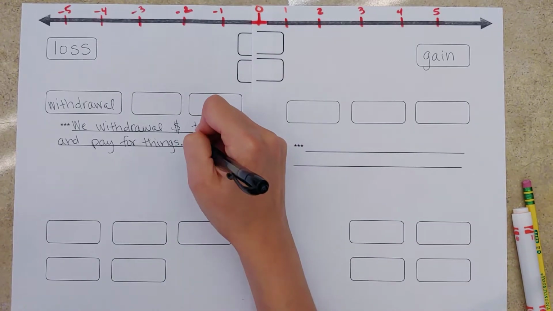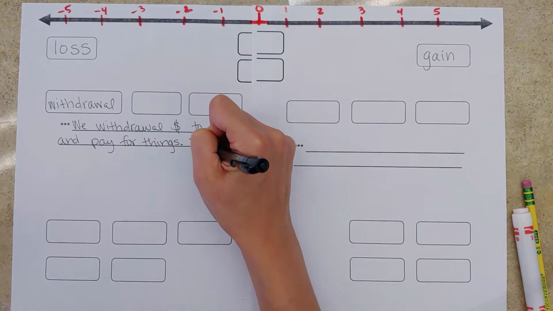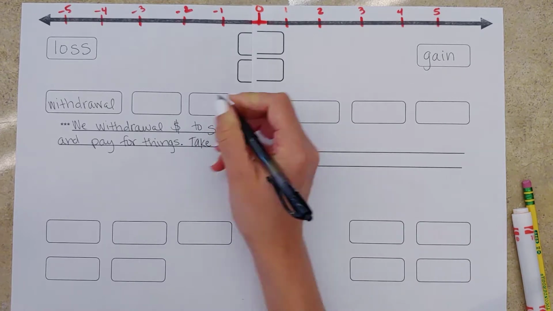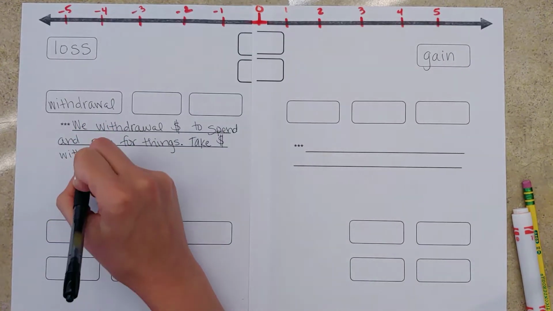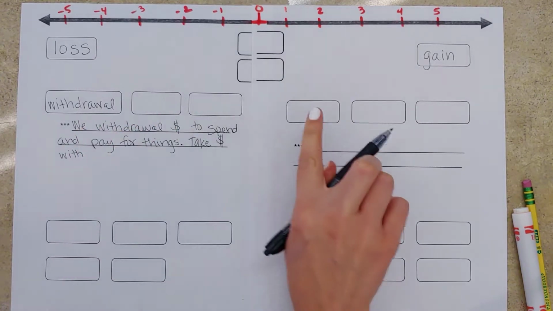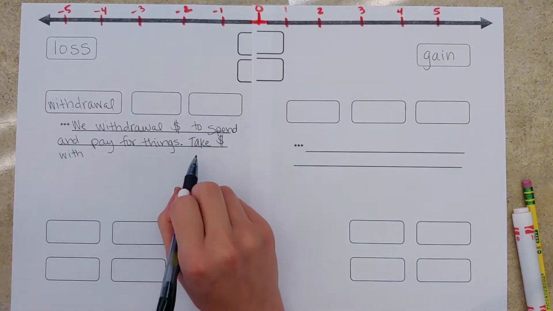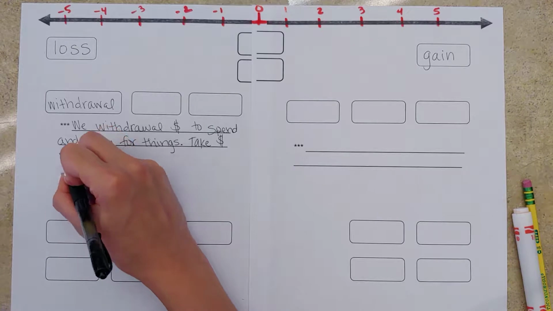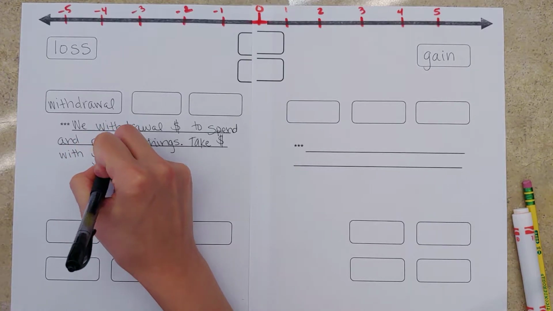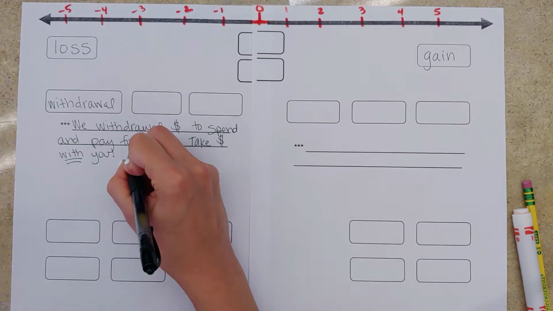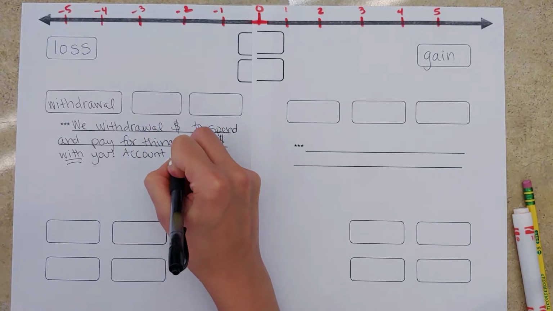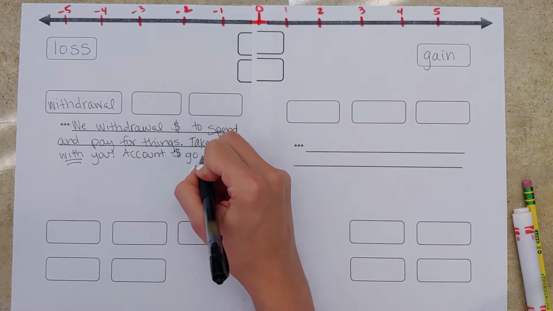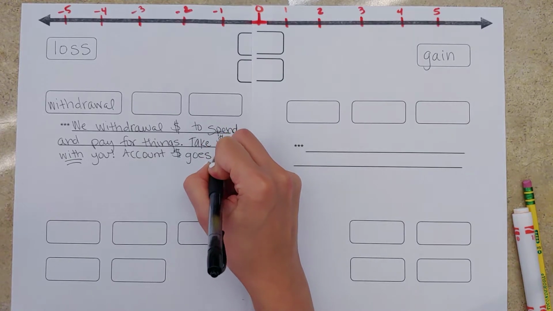A big thing here is that we take the money with us. This was something I used in school to help me remember the difference between a withdrawal and a deposit, which we'll talk about in a second. So take money with you, and our account money is going to go down.